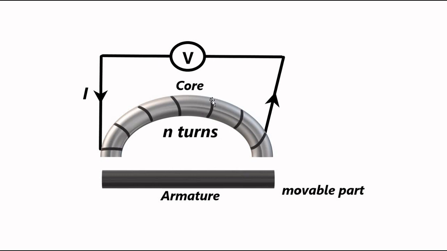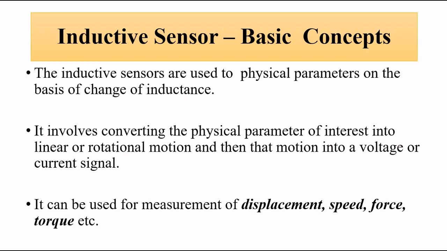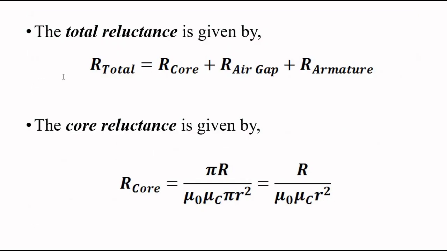So here the concept of reluctance comes into play. Reluctance is the opposition to flux which the inductive sensor shows. The reluctance of this sensor is dependent on three parts. First, the core reluctance, second the armature reluctance, and third, the most important, the air gap reluctance.